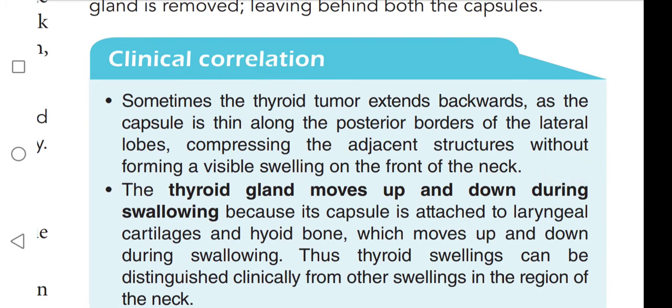Sometimes the thyroid tumor extends backwards, as the capsule is thin along the posterior border of the lateral lobe, compressing the adjacent structures without forming a visible swelling on the front of the neck. I already told you the false capsule is thin at the posterior border of the lateral lobe.